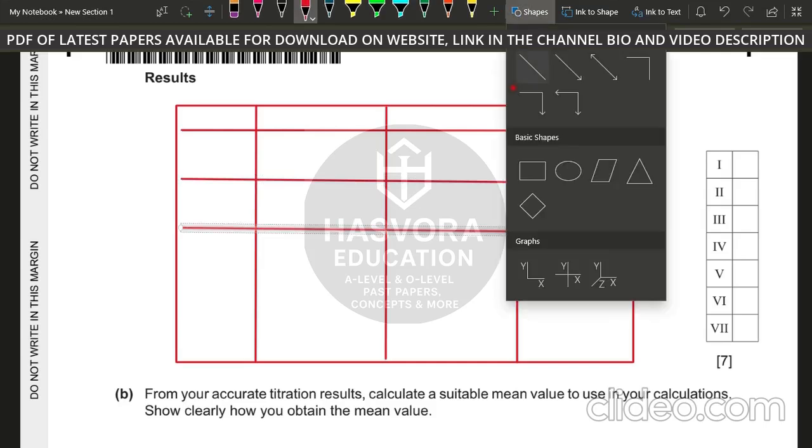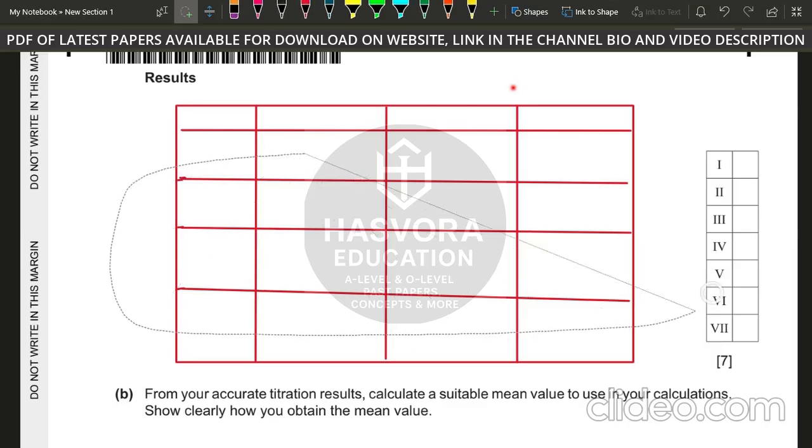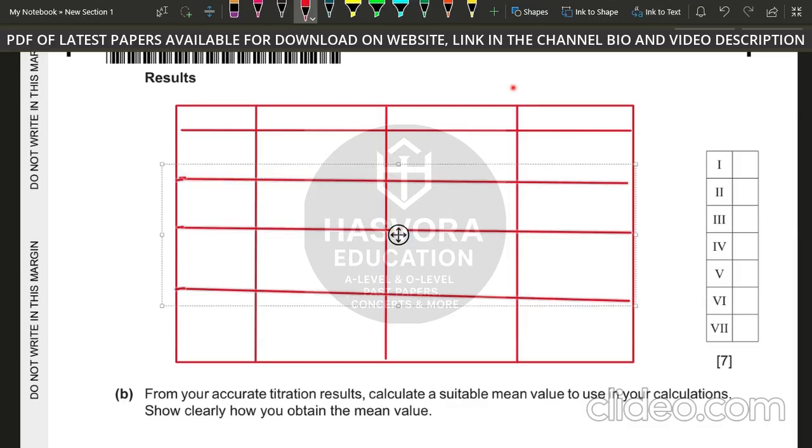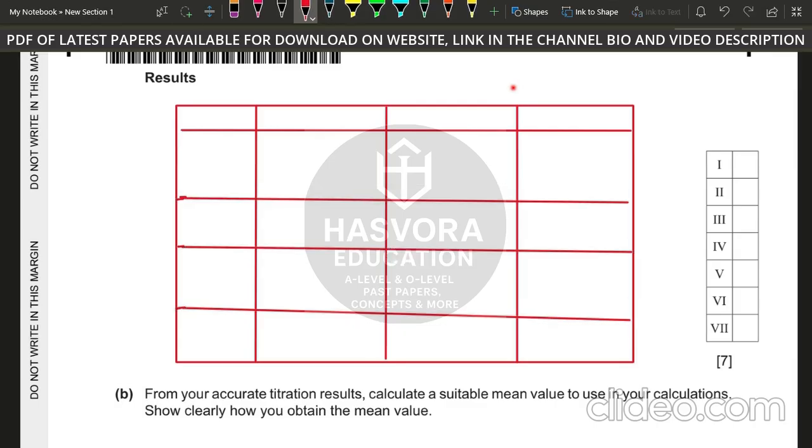Then this one is going to be your volume used, and the last one is going to be the best titre. Let's do it like this. Let me just adjust this a little bit. Perfect. Now this is very good.